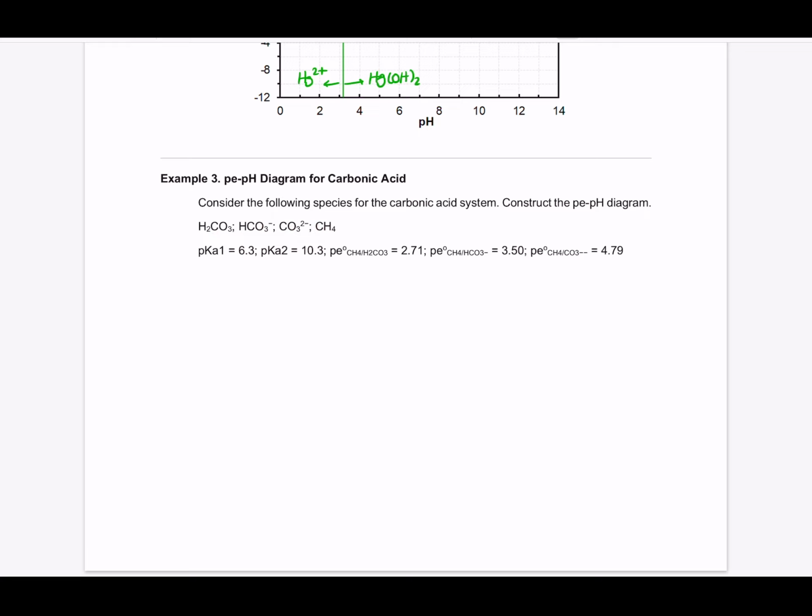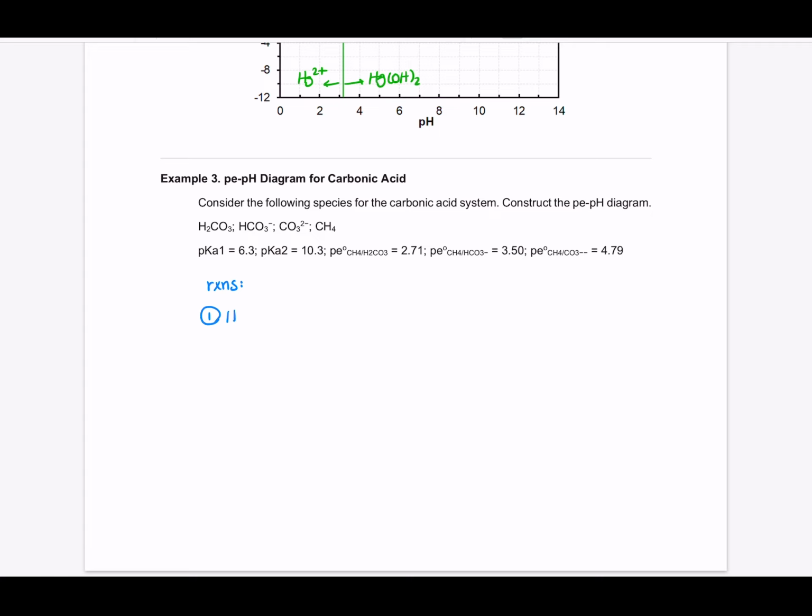So how many equations of the line are we expecting? How many? 4. So 1 acid base, 2 acid base, 3 redox, 4 redox, and 5 redox. So 3 redox, 2 acid base. So we're expecting 5 then.